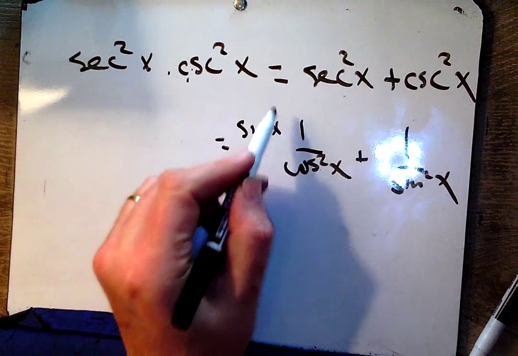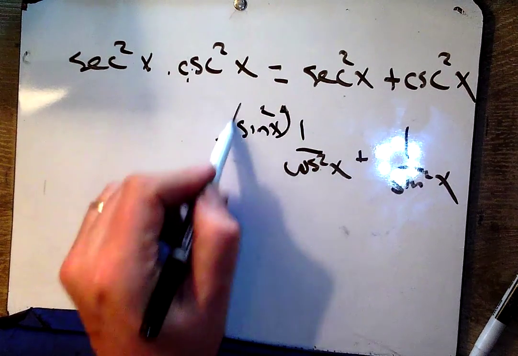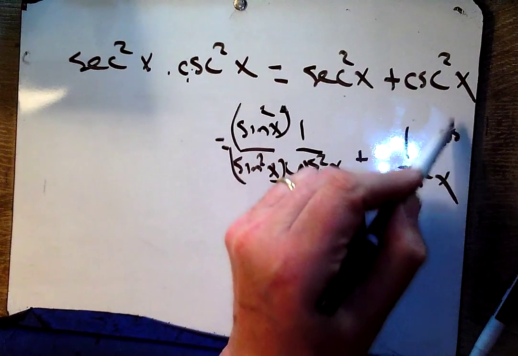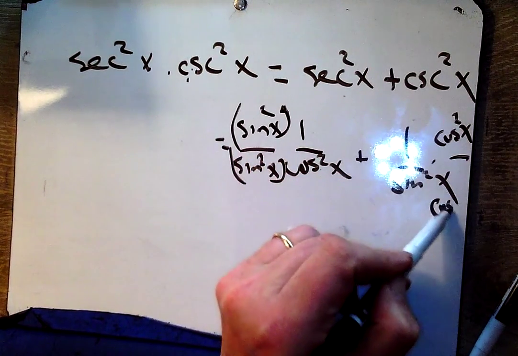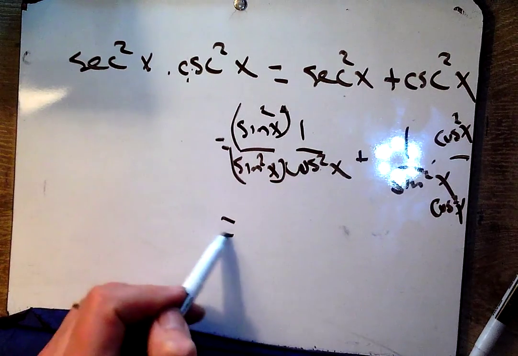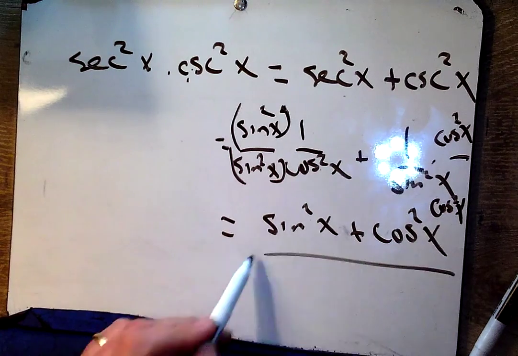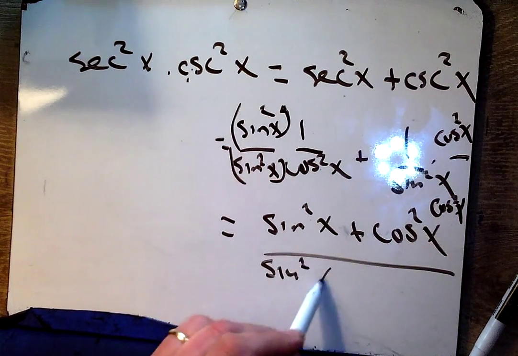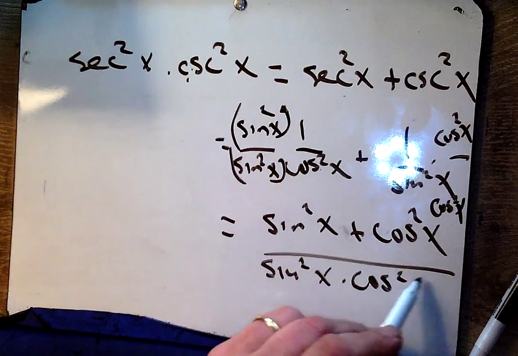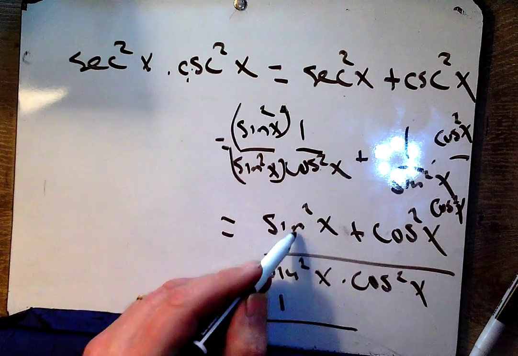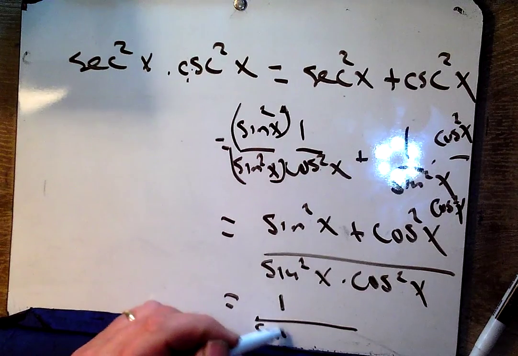So I multiply by sine squared over sine squared here, and here by cosine squared over cosine squared. That's going to be sine squared plus cosine squared on top, and on the bottom, sine squared times cosine squared. Well, sine squared plus cosine squared is 1.